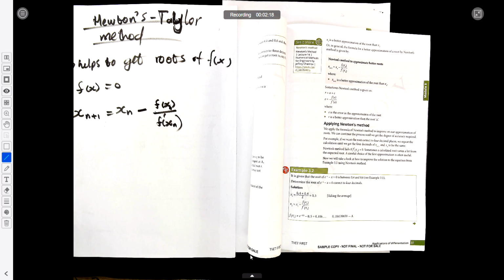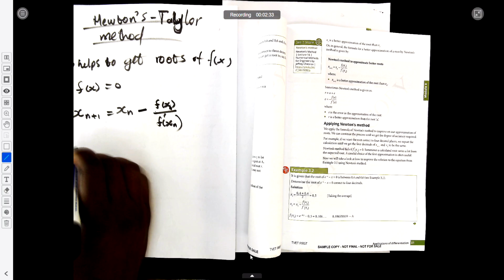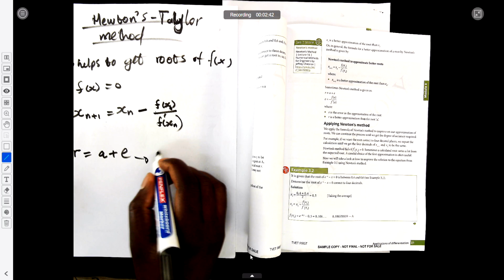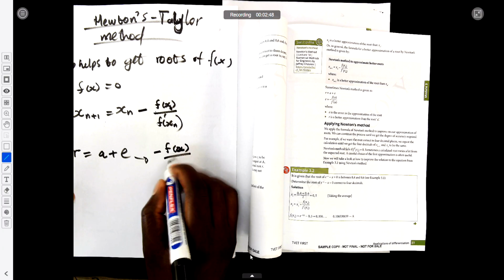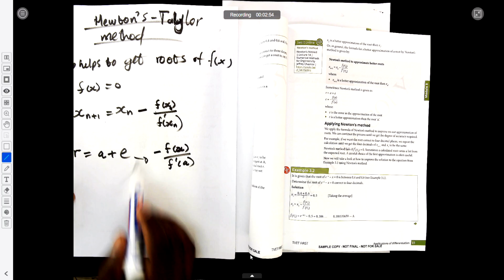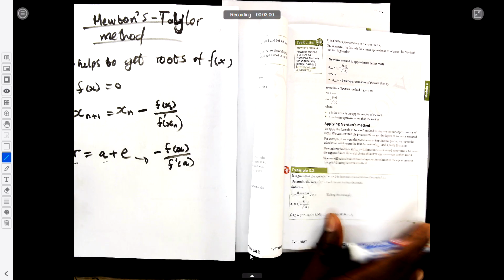So we have it here: xn plus 1 equals xn minus f of xn all divided by f prime of xn. As I was mentioning, the normal one we used to call the Newton-Raphson method. So R equals A plus E, where E is the error in approximation, given by f of A divided by f prime of A when you substitute A. And therefore R is a better approximation than A.